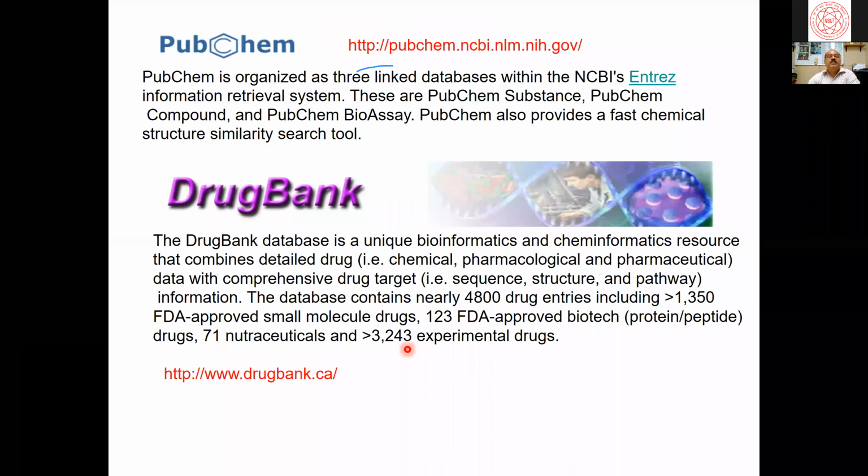Other examples, you can get molecules from PubChem, which is 3 linked databases within NCBI, or DrugBank, a unique bioinformatics and cheminformatics resource that combines detailed drug, chemical, pharmacological, and pharmaceutical data with comprehensive drug target information.